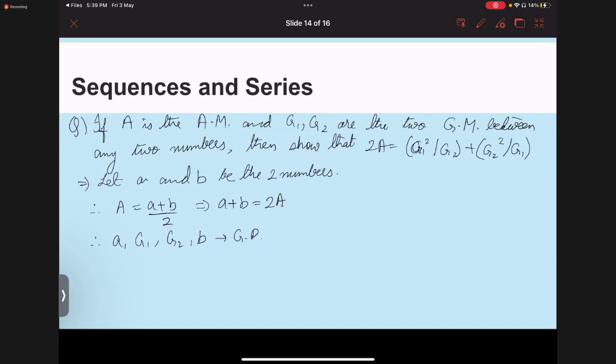Okay, so this means that G1 by A is going to be equal to G2 by G1 is going to be equal to B by G2 is equal to R. Okay, so your common ratio can be found in this manner.